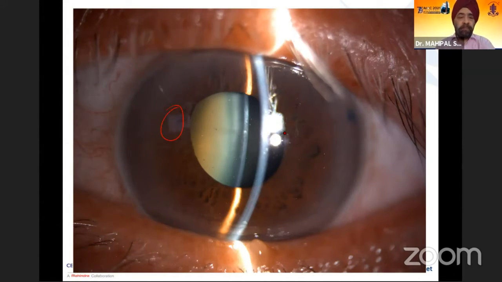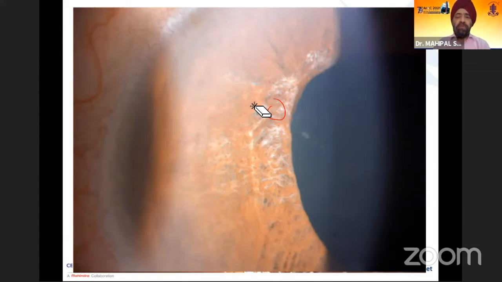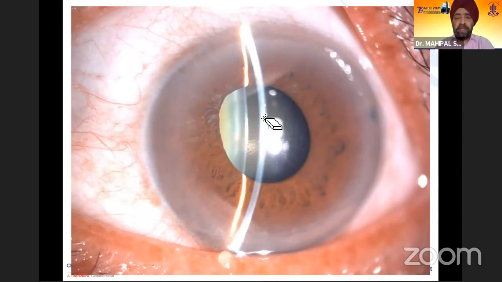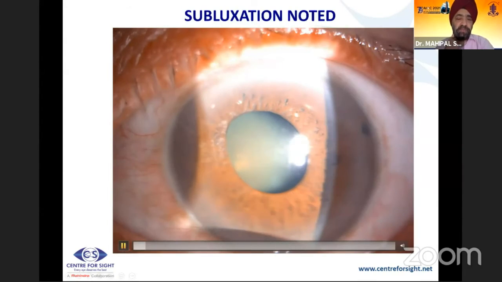You can see in this case a peripheral iridotomy has been done. You can see an irregularity in the chamber depth, and this is phacodonesis, which you can see very clearly.